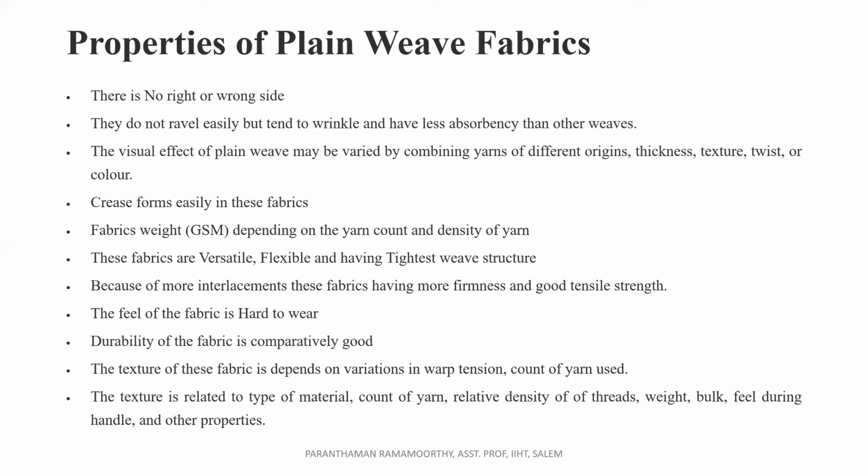Creases form easily in these fabrics. Fabric weight, that is GSM, depends on the yarn count and density. These fabrics are versatile, flexible, and have the tightest weave structure. Because of more interlacements, these fabrics have more firmness and good tensile strength.